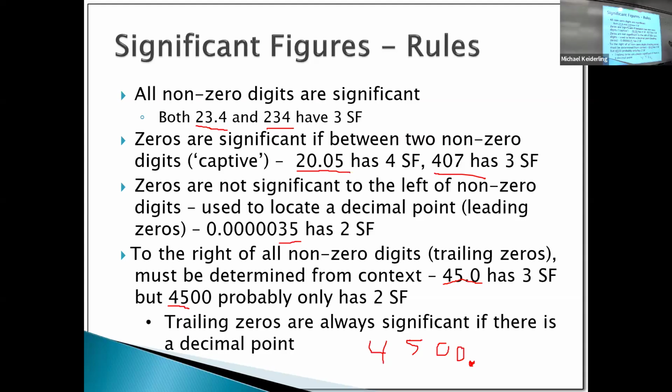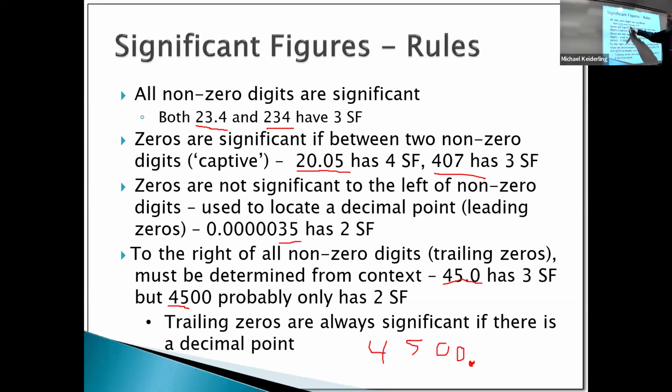There's a nice version of these rules on the significant figures worksheet that I handed out. All non-zero digits in a number are significant. So 23.4 and 234 both have 3 significant figures.